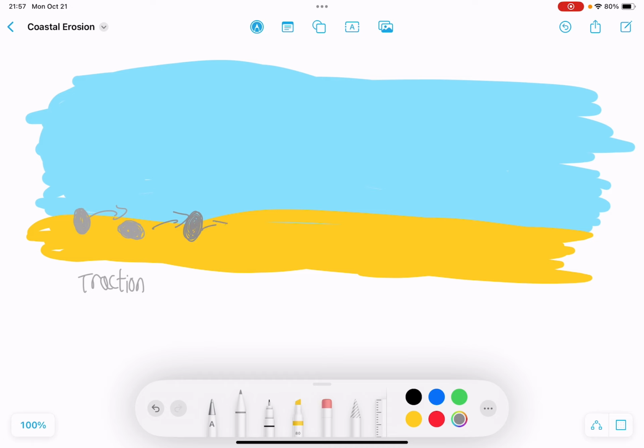However, after some process of coastal erosion called attrition, where rocks bump into each other and make each other smaller and smoother, these rocks will be small enough to get into the process of saltation, which I'll draw over here.